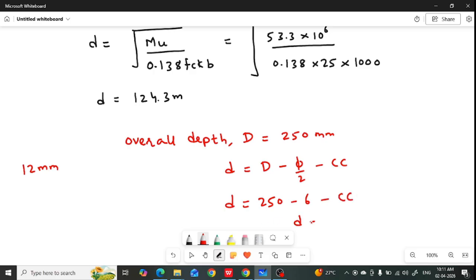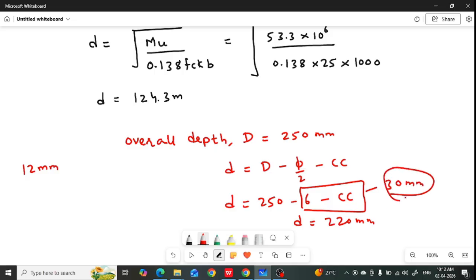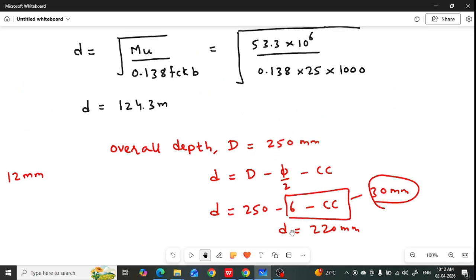So small d, I will take it as 220 mm. So together it is 30 mm. You can consider it as effective cover. So small d that we have provided is 220 mm, and the required depth is 124 mm. So whatever depth we have provided, it is okay with respect to the strength criteria, right?